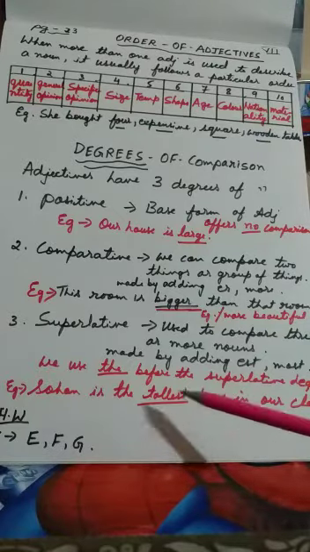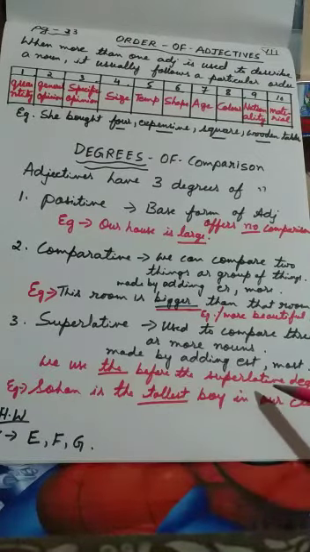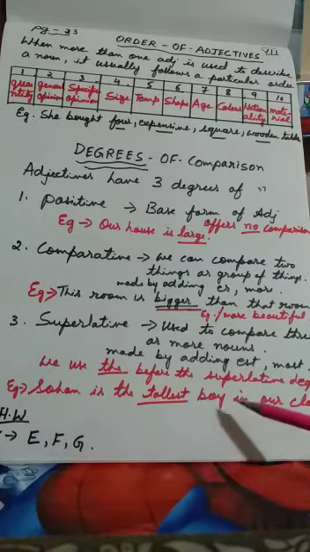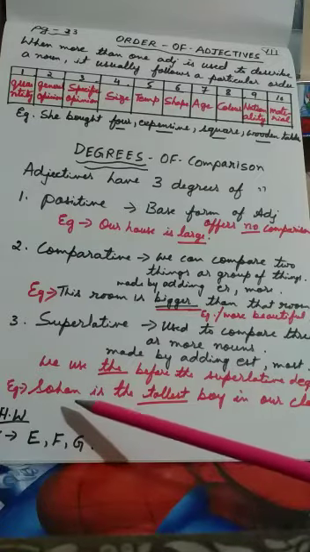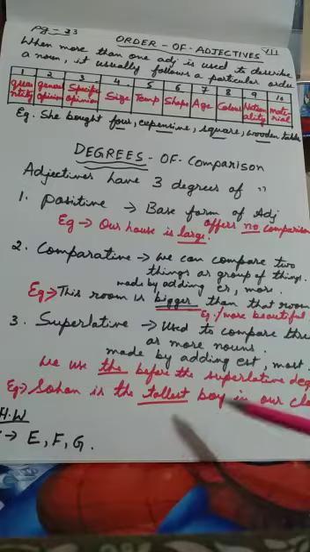Now one more thing you should remember. We use the before the superlative degree. It is very important. Sohan is the tallest boy. You cannot write Sohan is tallest boy in the class. Sohan is the tallest boy in the class, that means among all the boys.